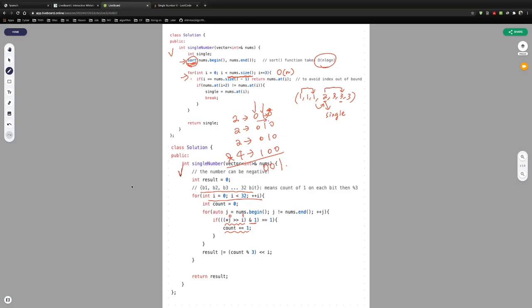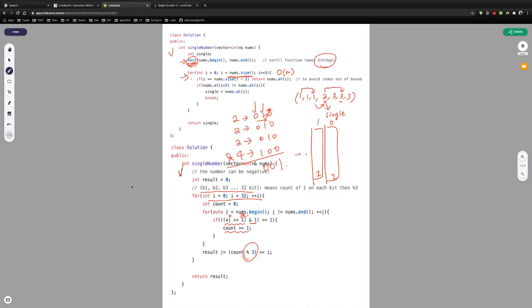So in the loop, we can calculate on each bit the count of 1s. And then we just need to take them mod 3. Mod 3 will give the single number's bit, whether it is 1 or 0.